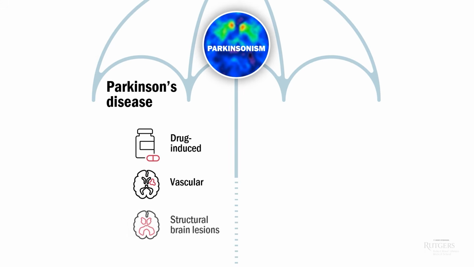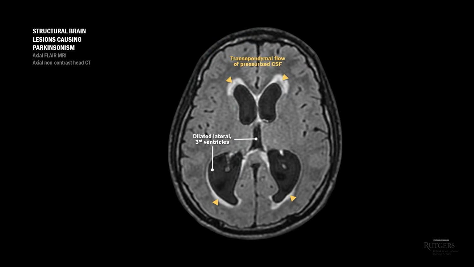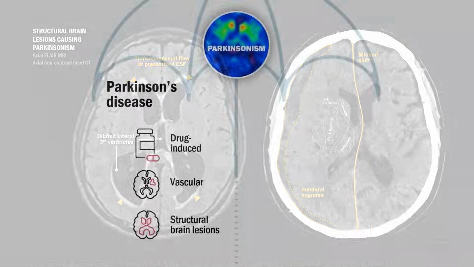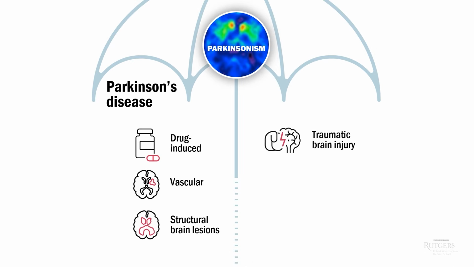Speaking of MRI, structural brain lesions caused by disorders like hydrocephalus, chronic subdural hematoma, and tumors are typically diagnosed by brain imaging. Recurrent traumatic brain injury, think boxers or football players, certainly increases the risk of Parkinsonism and dementia.